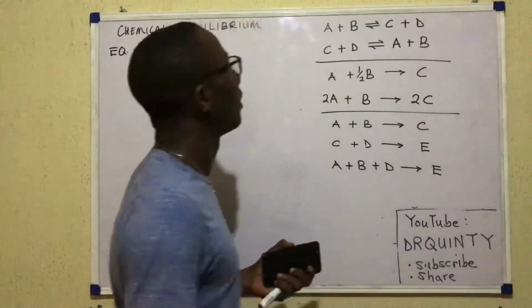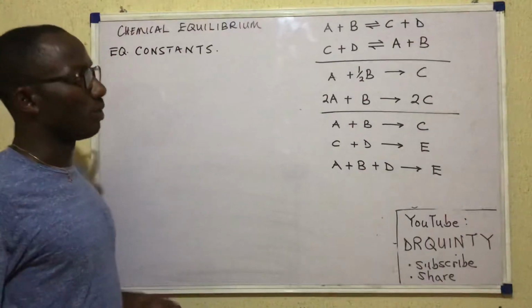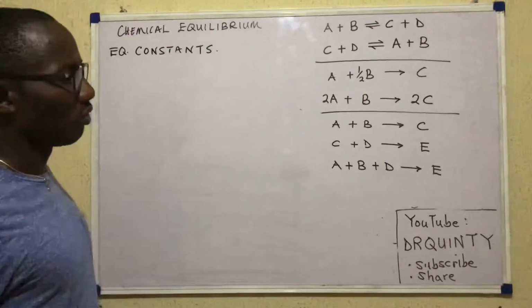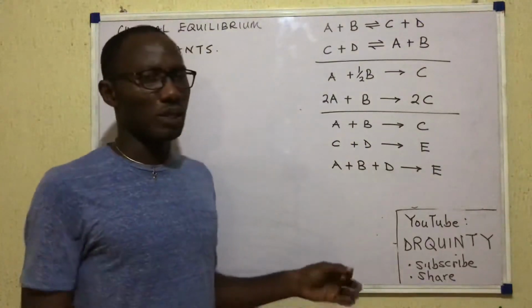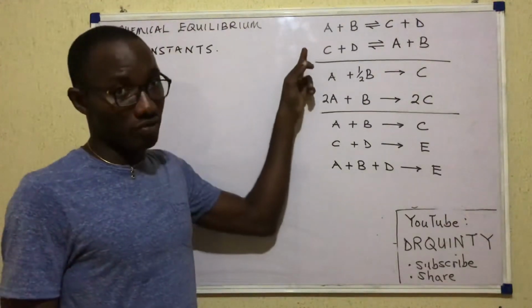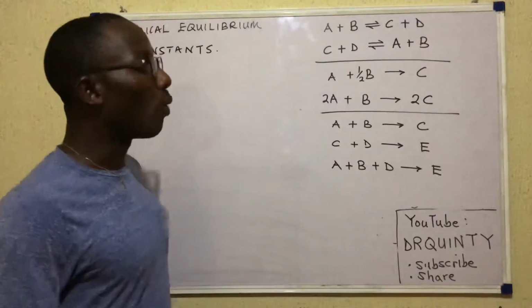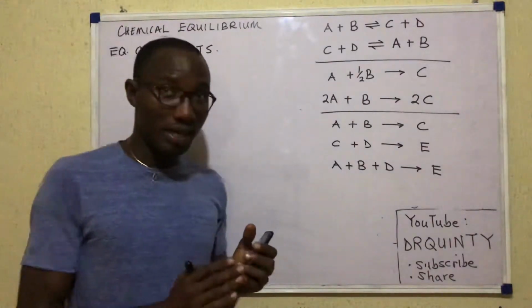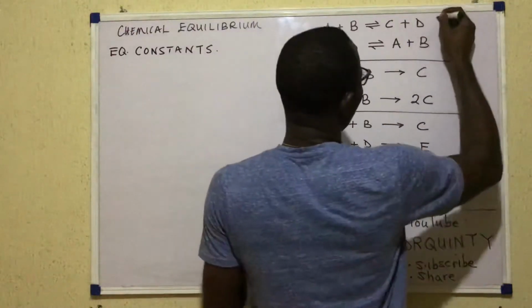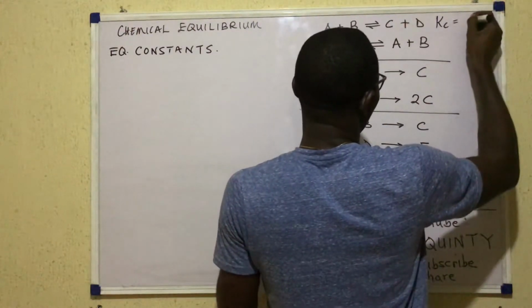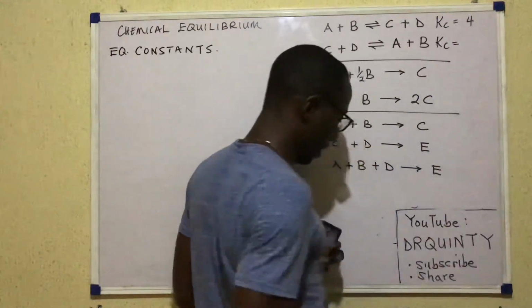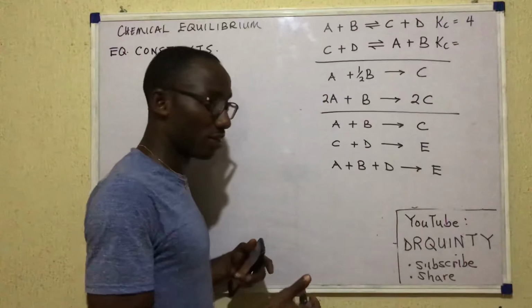Here it says A plus B to give C plus D, then C plus D to give A plus B. If we look at those two reactions, what's the relationship between them? You see that this one is the reverse of that. When two reactions are related like that, as in they are the reverse of each other, then if the Kc of the first reaction is, let's say, 4, and you are asked to calculate the Kc of this second reaction, just know that it will be the inverse.